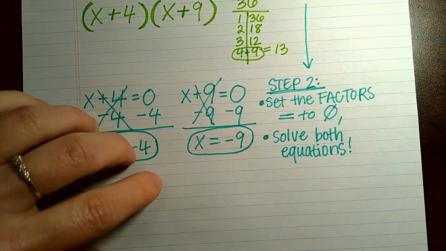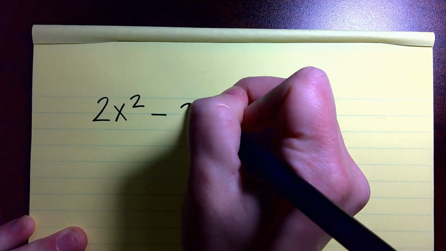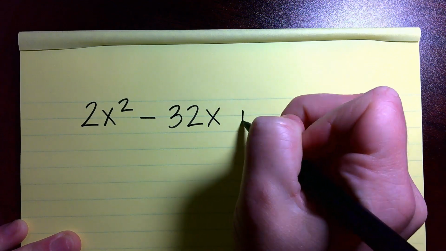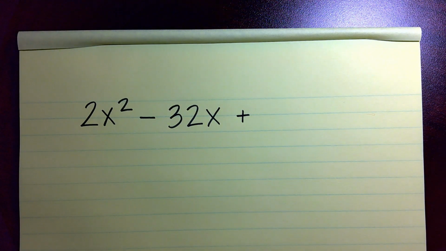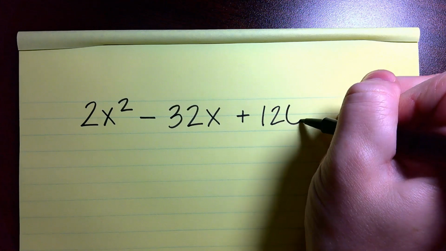Let's try, how about 2x squared minus 32x plus 126.